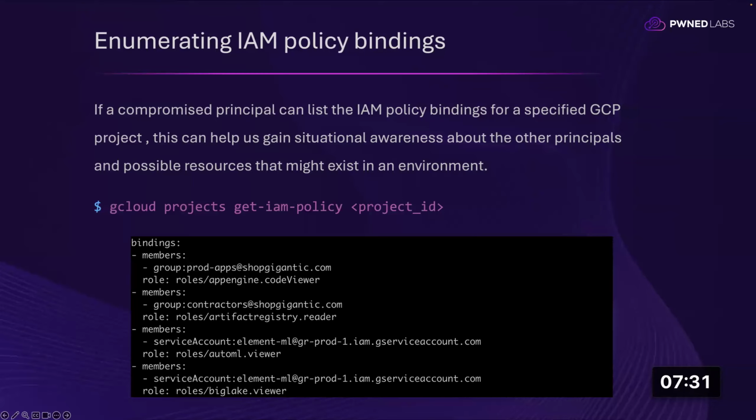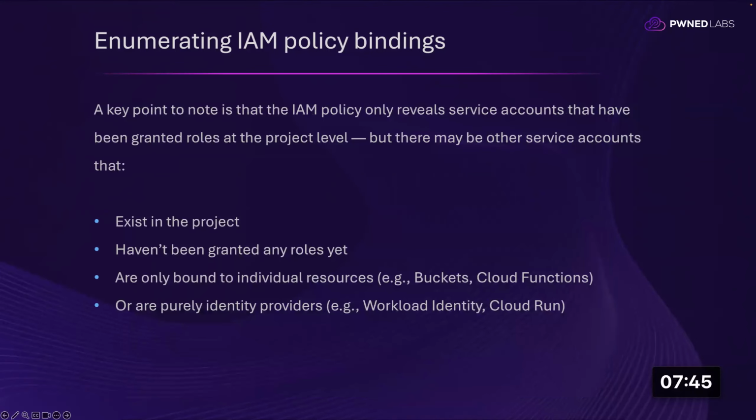And then the domain suffix iam.gserviceaccount.com is obviously a Google-owned API endpoint. And so, as mentioned, a key point to note is that the IAM policies at the project level only reveal service accounts that have been granted roles at that level.